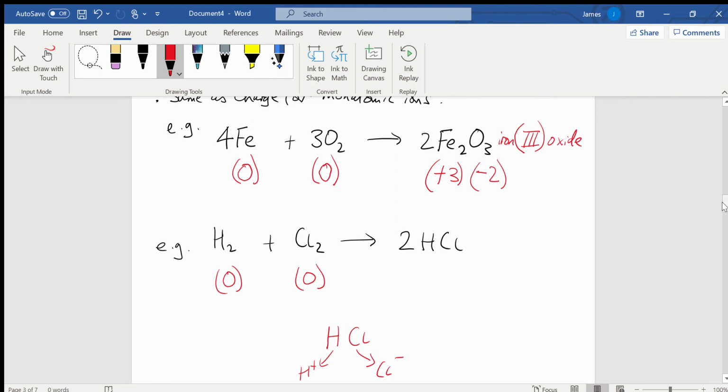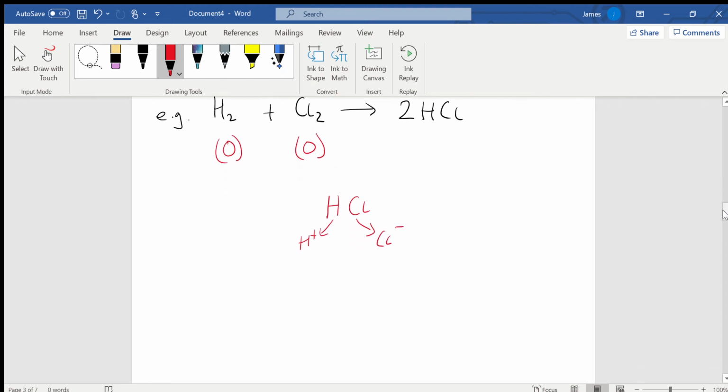H plus would be a +1 oxidation state. Cl minus would be a -1 oxidation state. Done. No conversation about aqueous acidity, irrelevant.